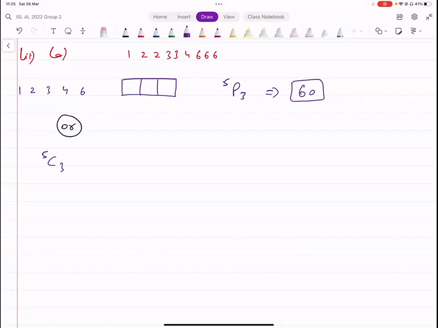अब कोई भी 3 numbers आपने choose किए, let's assume you have chosen 1, 2 and 3. अब ये 1, 2, 3 से हम कितने different numbers बना सकते हैं? 3 digit. We can have 1, 3, 2. We can have 2, 3, 1, 2, 1, 3, 3, 1, 2, 3, 2, 1.